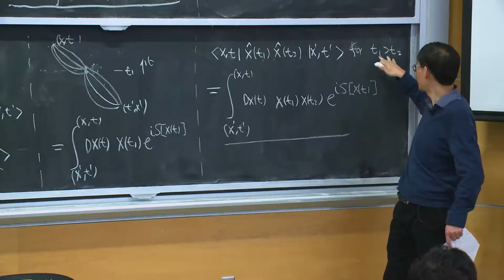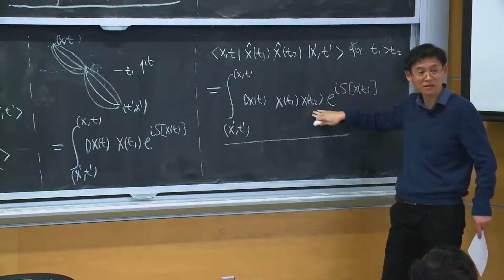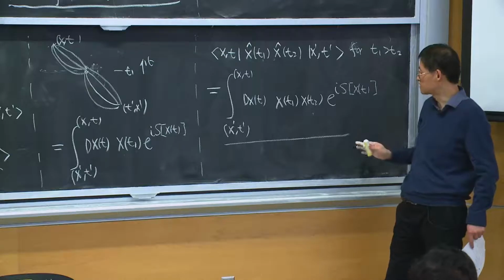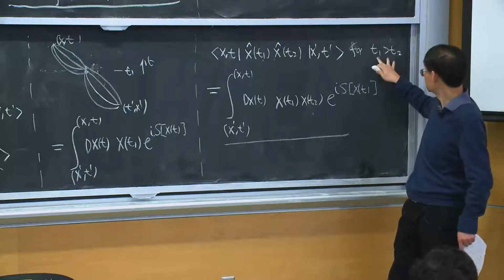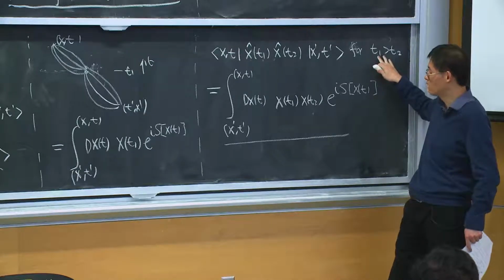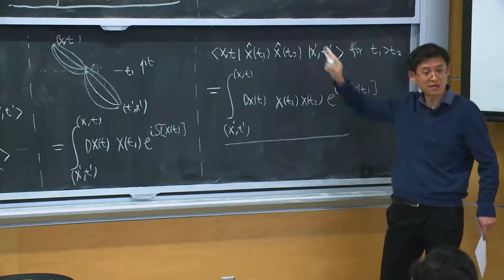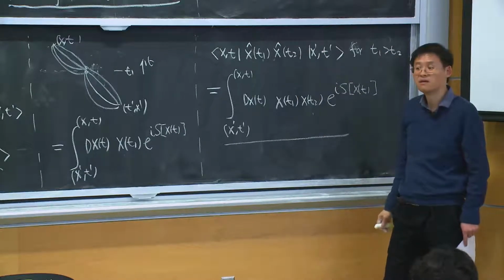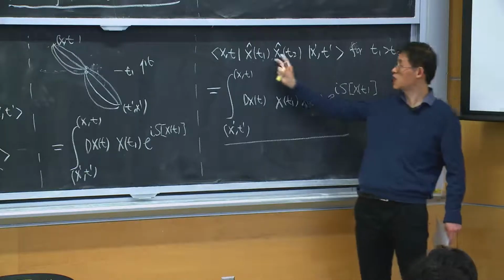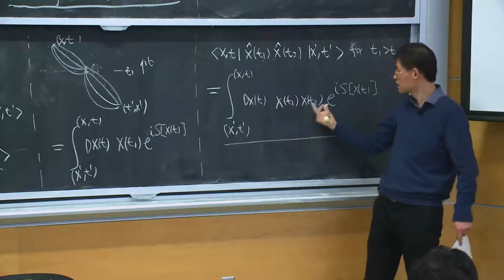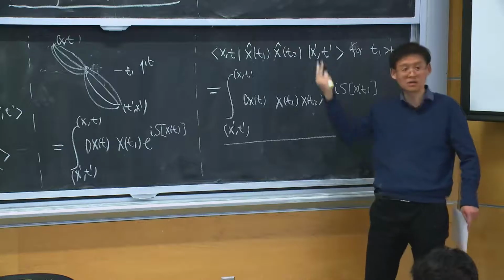For T1 greater than T2, we have this equal to that. But now suppose it's the opposite, T2 greater than T1. On the right-hand side, we still have this one. But what should be the left-hand side? Exactly, just exchange x2 and x1, because the path integral always follows the time order.